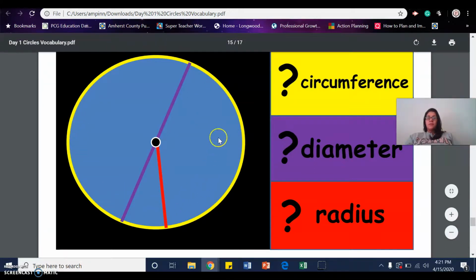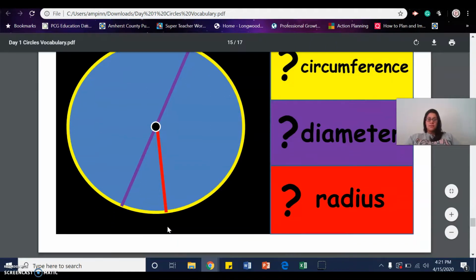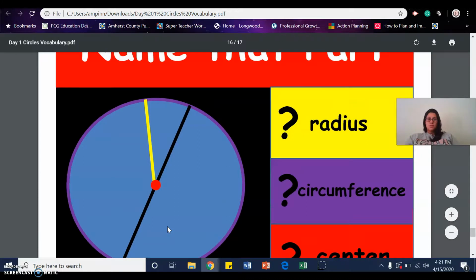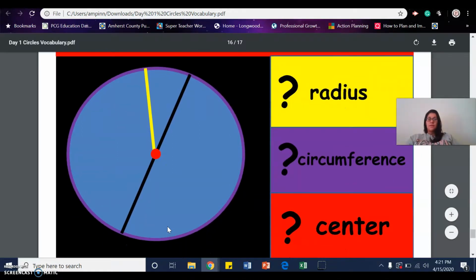Again, the yellow circle going around your circle now is the circumference. The purple line is your diameter, and then the red line is your radius. Right? The yellow line, what do you think it is?